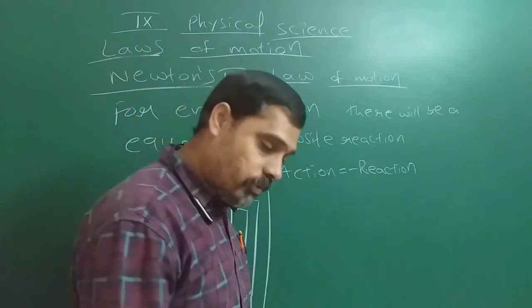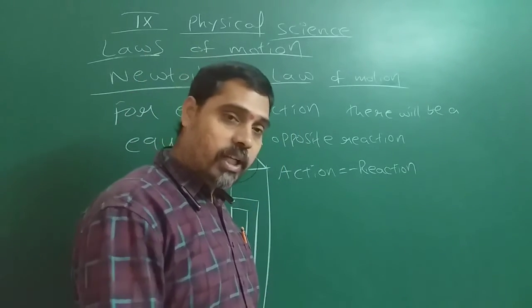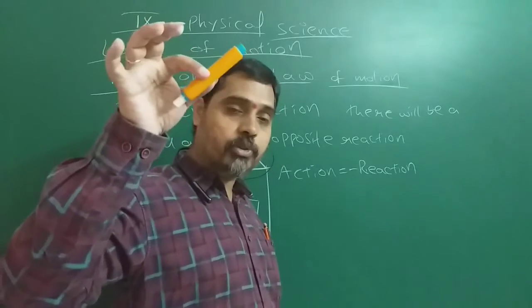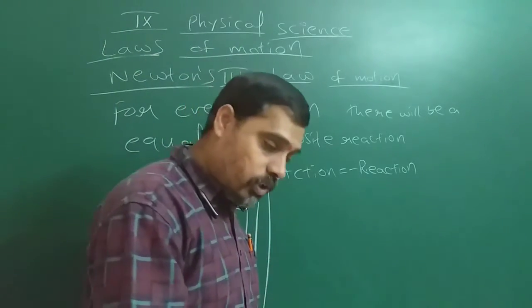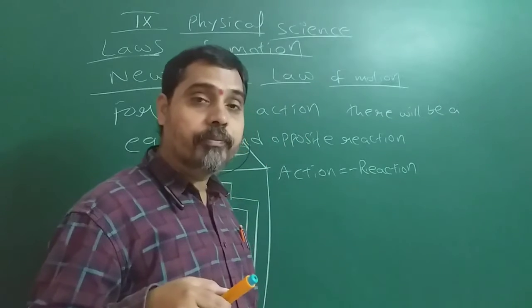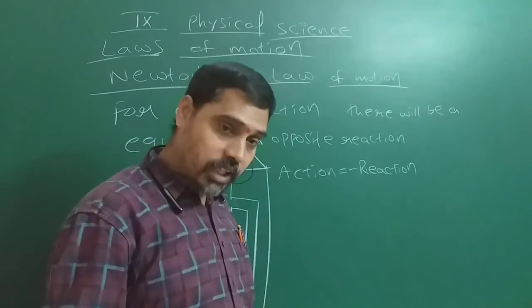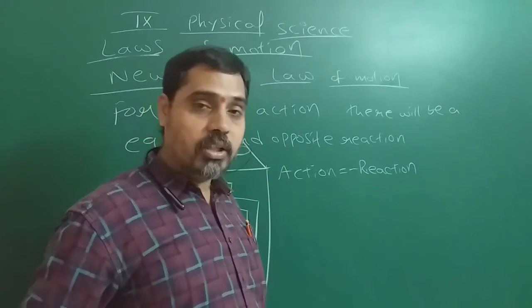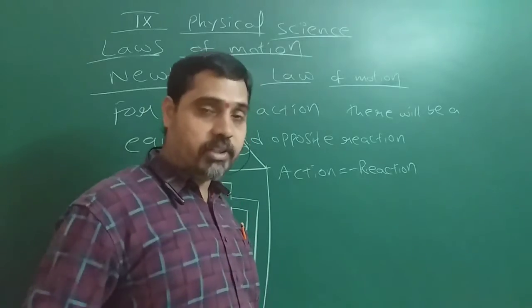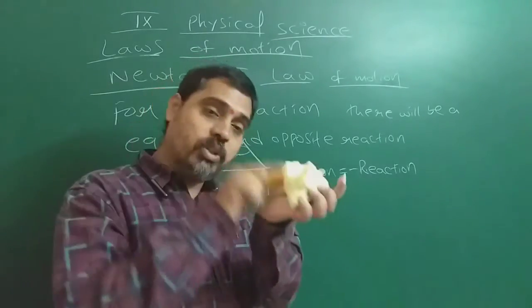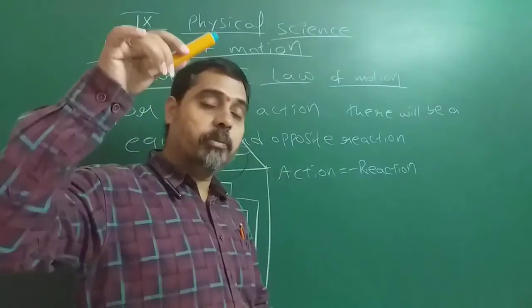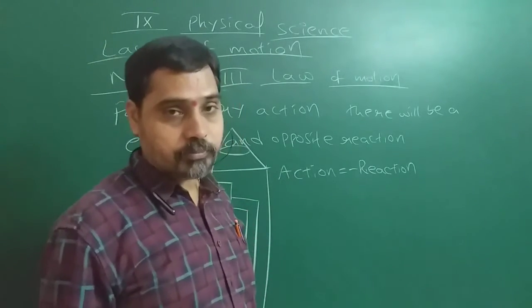But if it falls onto the ground, I can lift the chalk piece holder without doing any huge effort. Why? When it falls, it applies an action force on the ground, and the ground in turn applies a reaction force. That's why it won't stick to the ground. Easily we can take out the chalk piece holder.